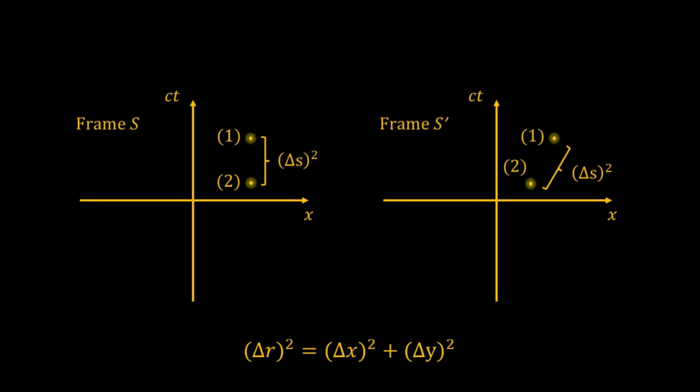But that's not what we do for the space-time interval. The space-time interval has a minus sign in it. So in a sense, this spatial separation makes a negative contribution to the space-time interval. And so when we calculate the space-time interval, we will in fact get the same value for these two cases. So this is showing us that space-time really has a different geometry to space.